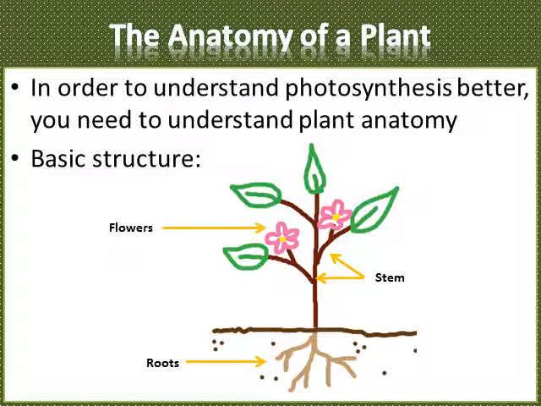We have flowers, which are the reproductive structures in a plant, and then we have leaves. Now, the leaves are going to be uber important for understanding photosynthesis, basically. Most of what happens during photosynthesis is going to happen in the leaves.